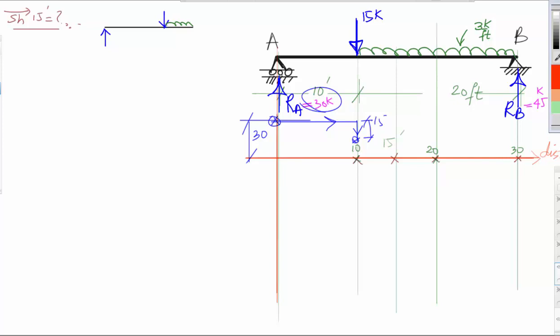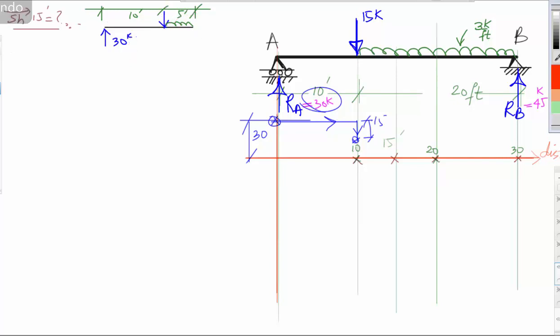So these are the distances. This is 5 feet and this is 10 feet. And of course this is 30 kips. So if we'd like to do, this will be upwards, downwards, and this is downwards.